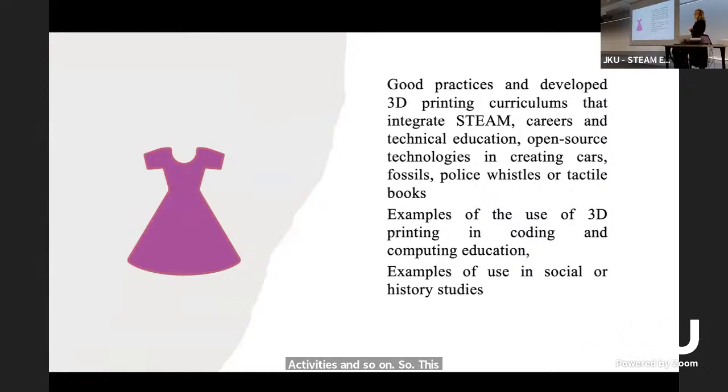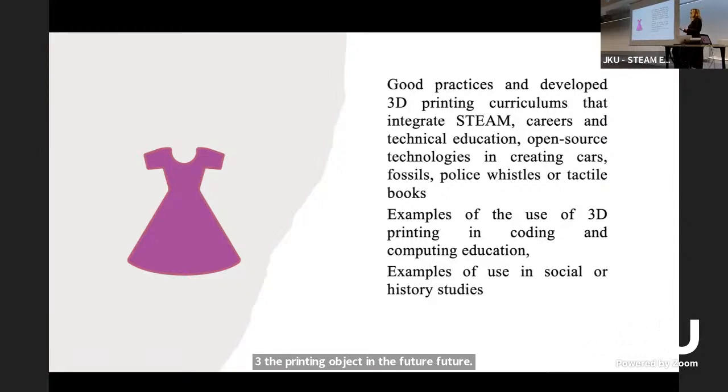These are some of the good practices, and 3D printing curriculums can integrate STEM and careers in technical education. We have to think one step ahead: when students finish their education, they might find their future career in this field, which is a very good field for building a career, since there will be more and more demand for 3D printed objects in the future.